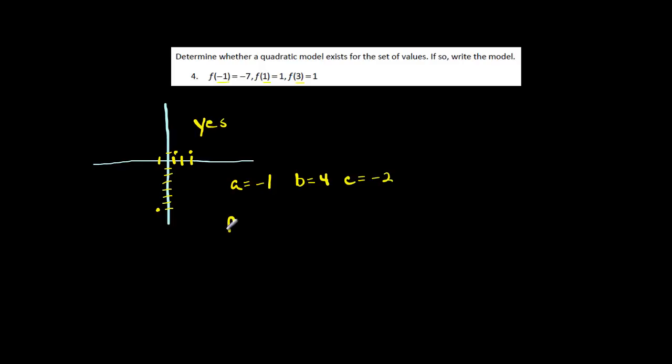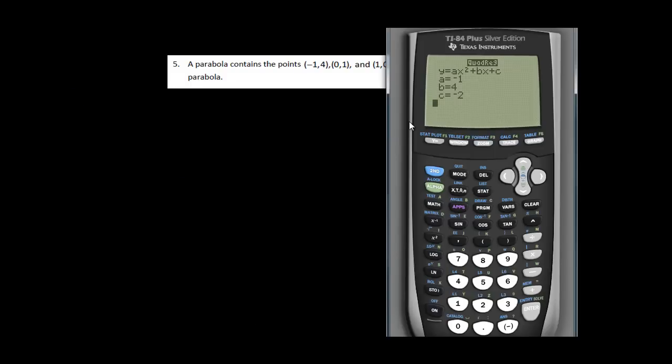So let's write our function. F of x equals -x squared plus 4x minus 2. Number 5. We've got 3 points there, so let's bring the calculator out.